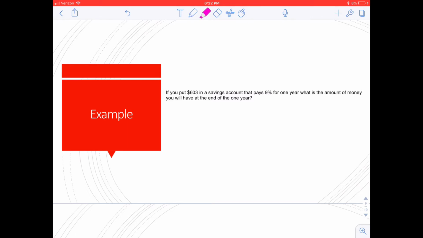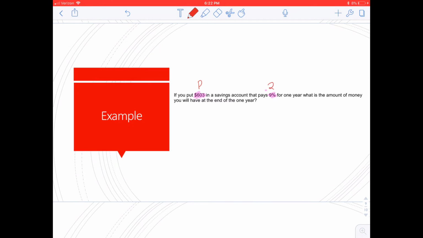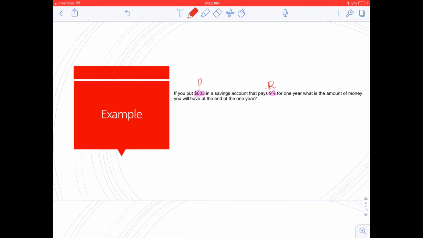So for the purpose of this video, I would just want to identify each of the parts. 603 is going to be my principal value because that's what I started out with. 9% is representing my rate, but I know that when I plug this into the formula, I'm actually going to need to type in 0.09 because 9% requires me, in order to get rid of the percentage sign, to move my decimal 2 places to the left. I'm working with 1 year, so that's my time. What is the amount of money you'll have at the end of the year? So I'm looking for the final value. That's what I'm concerned about.